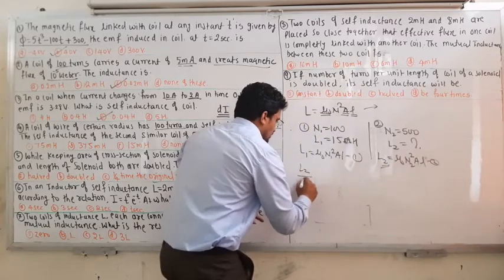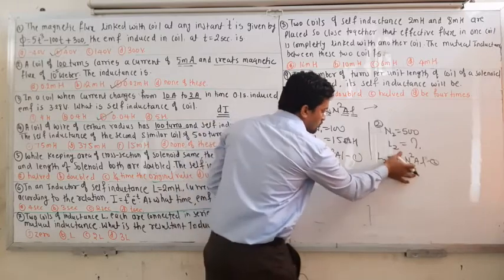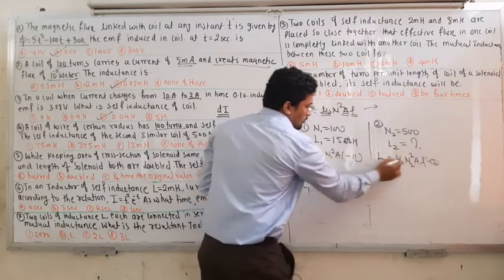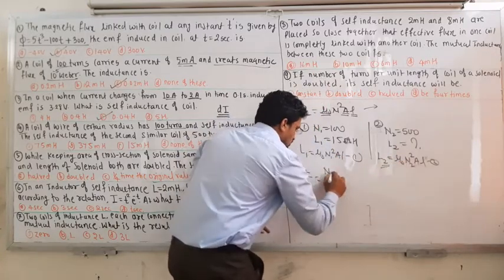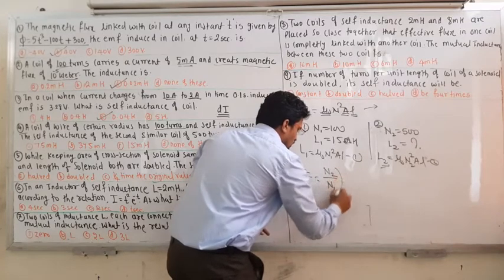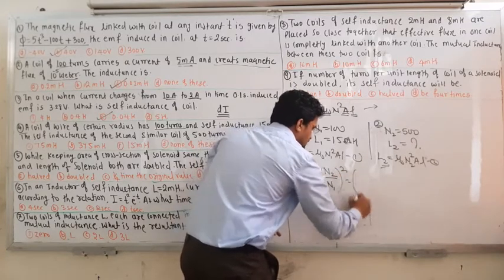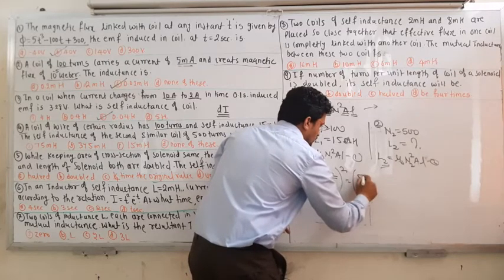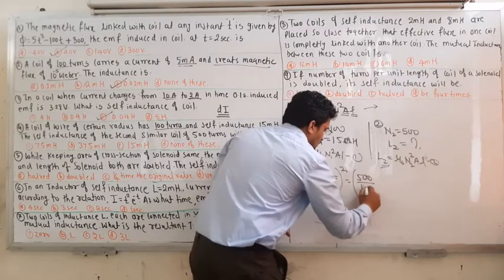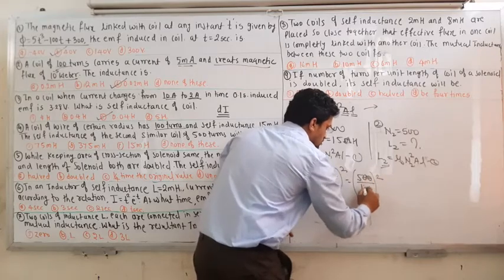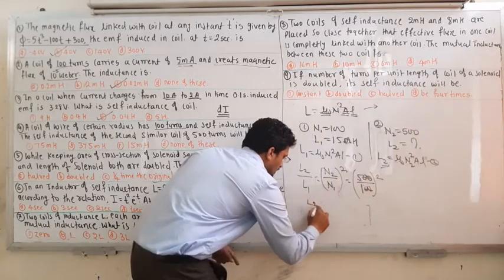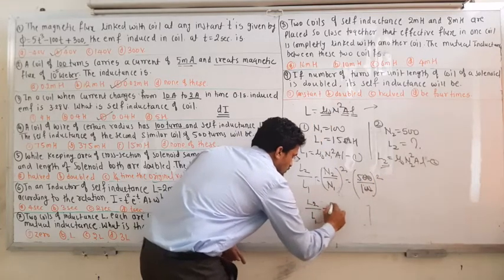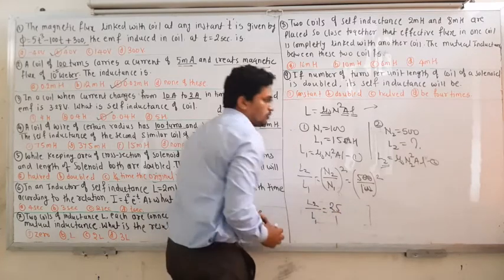So if you make L2 divided by L1, mu naught A L cancel out, so it becomes N2 divided by N1 the whole square. That is 500 divided by 100 the whole square, therefore L2 by L1 is equal to 25 by 1.